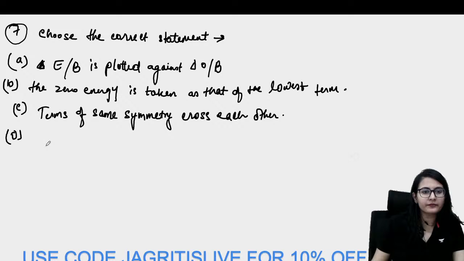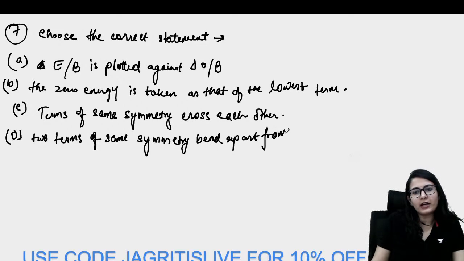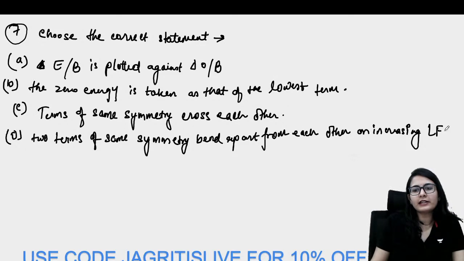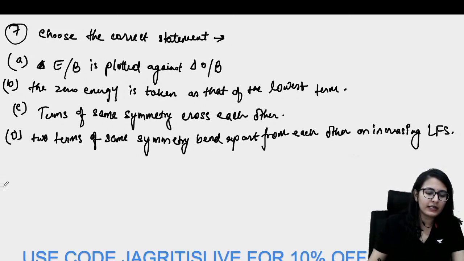Option D is: two terms of same symmetry bend apart from each other on increasing ligand field strength. What is LFS? Ligand field strength. All right.